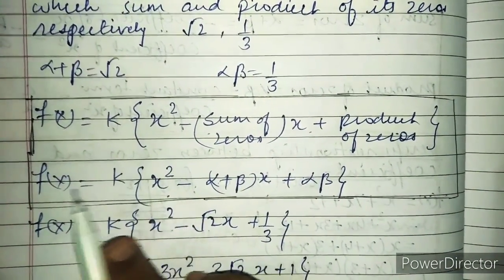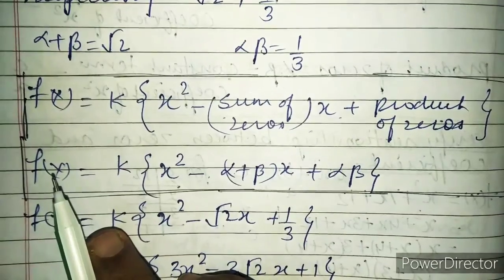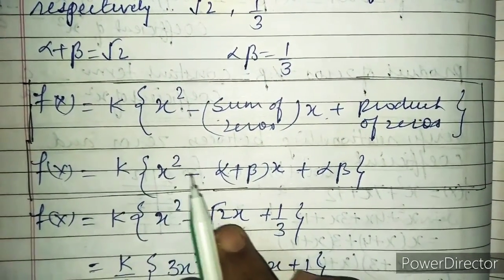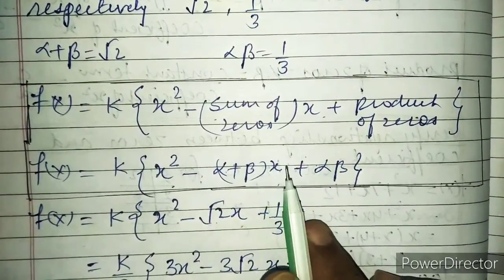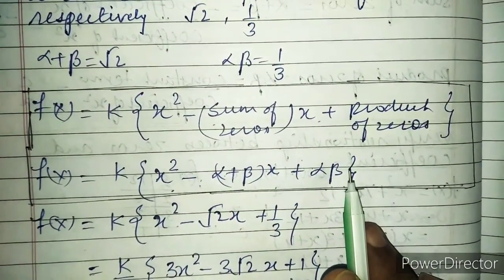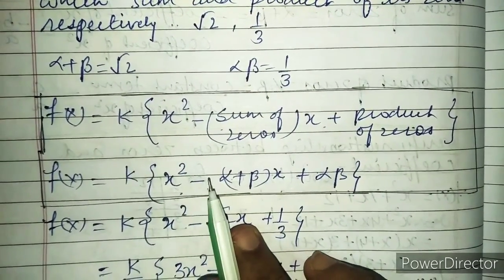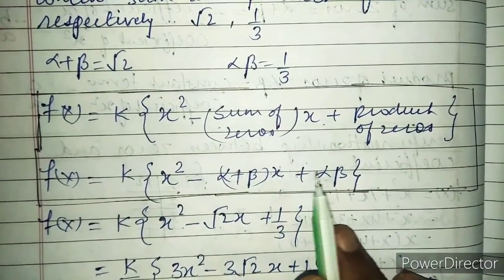So according to the formula, any polynomial can be written as f(x) equals k(x² − (alpha + beta)x + alpha beta). This is the formula. It means k is the constant, x² minus sum of zeros x plus product of zeros.